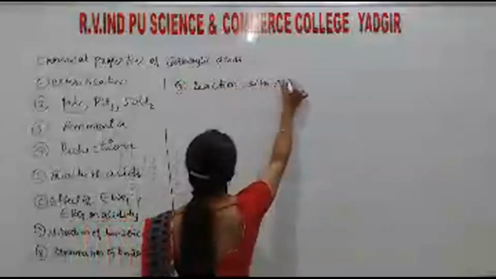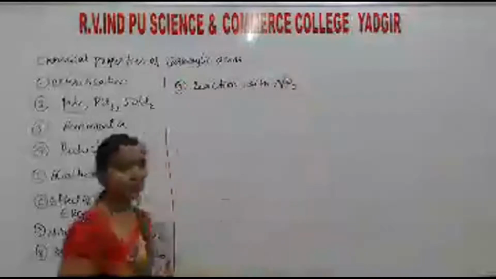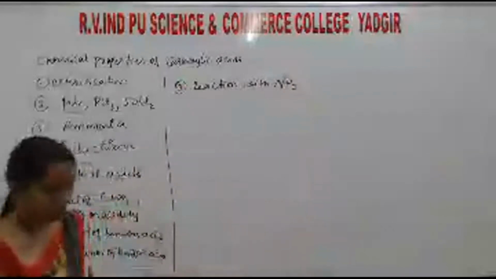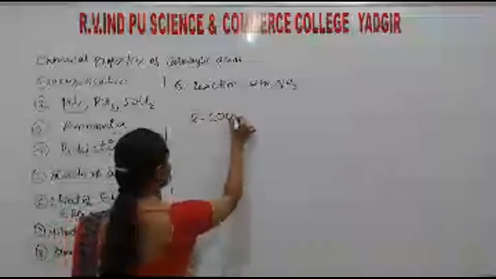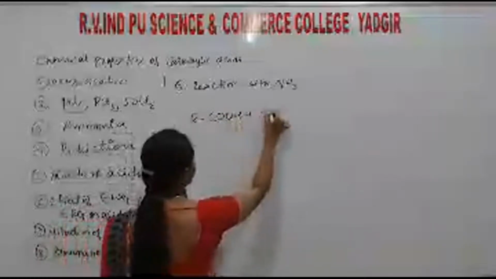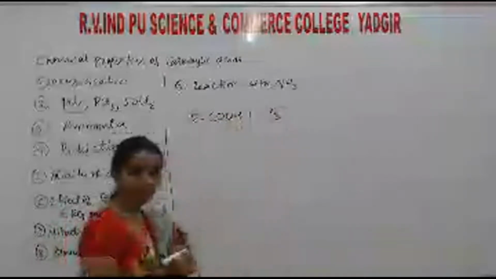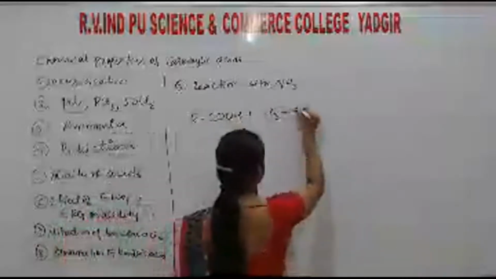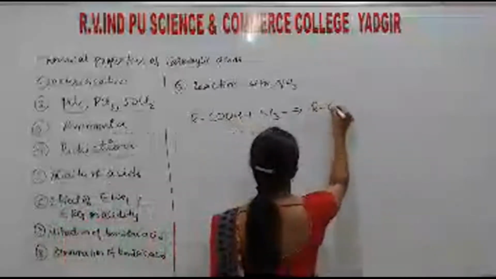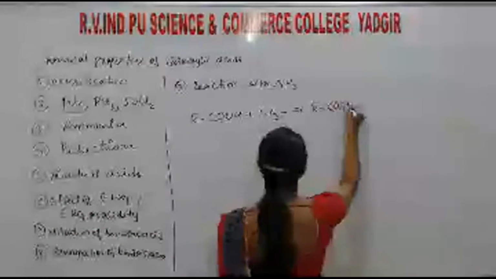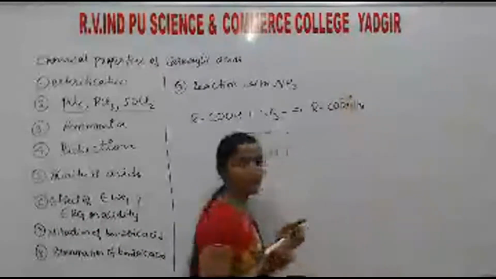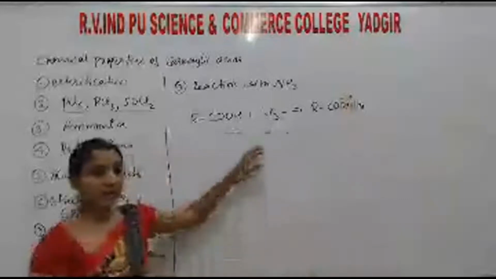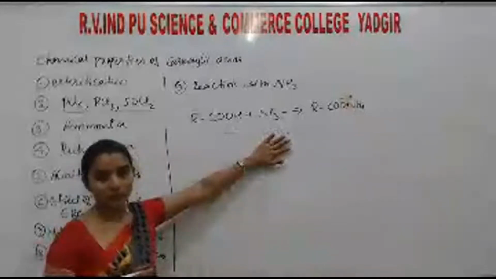Reaction with ammonia. So listen students, initially what happens? This RCOOH, when it reacts with NH3, they form RCOONH4. This is minus, this is plus. This type of salt they will form.